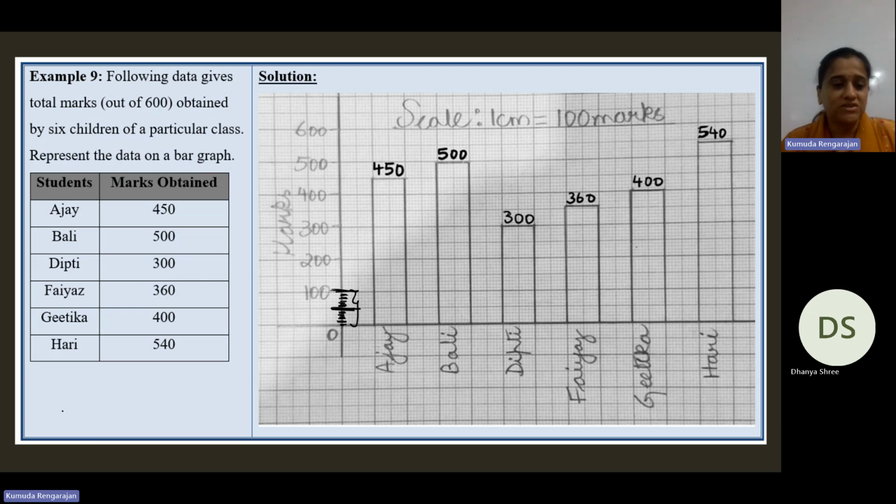There will be only 4 divisions after 0: 1, 2, 3, 4, and then this line. Then again you'll have 4 divisions, 1, 2, 3, 4, and then this line. So 0, 10, 20, 30, 40, 50, 60, 70, 80, 90, 100. Correct. It rhymes, no? So that's how you read it.